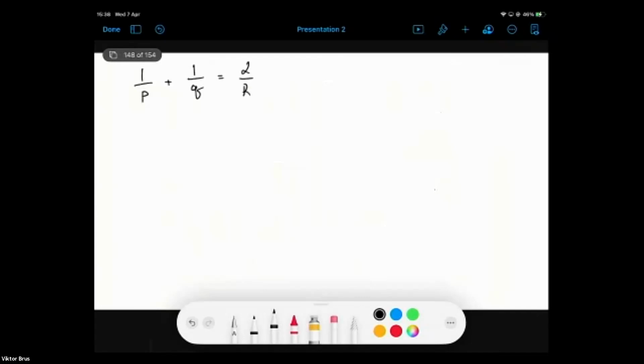So let us mathematically show what we explained on the previous slide on this image. If the distance P is very large, so the object is very far, then 1 over P approaches 0.